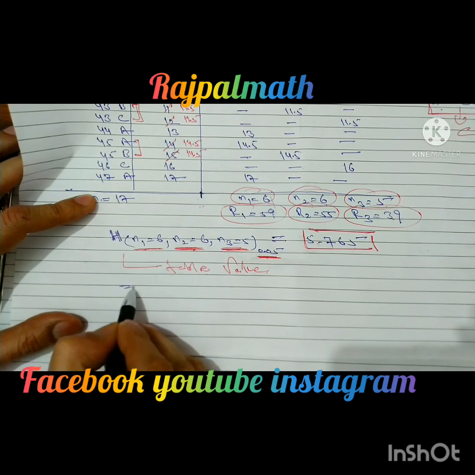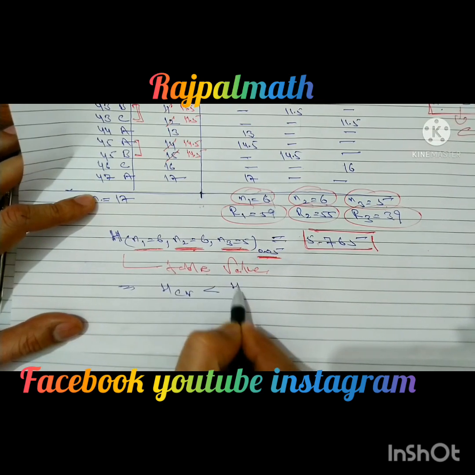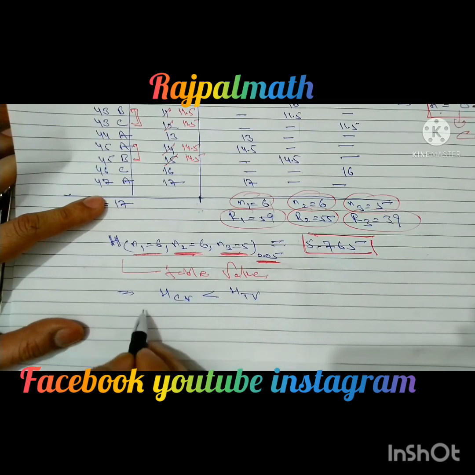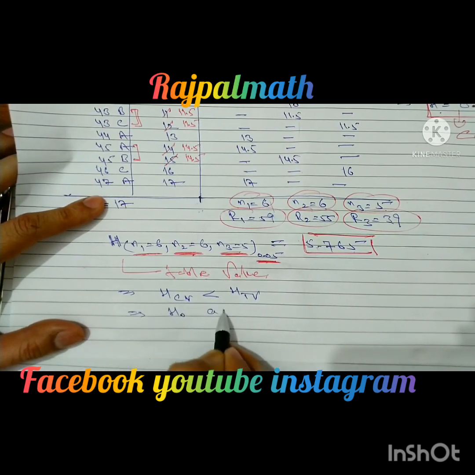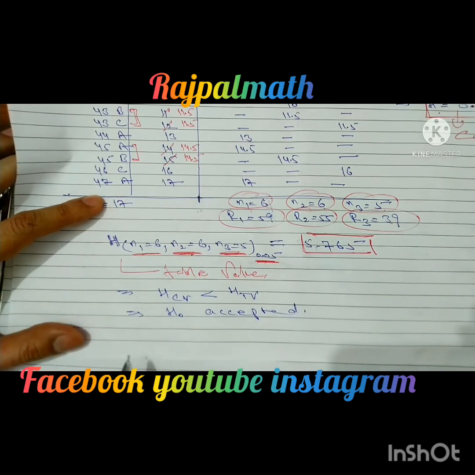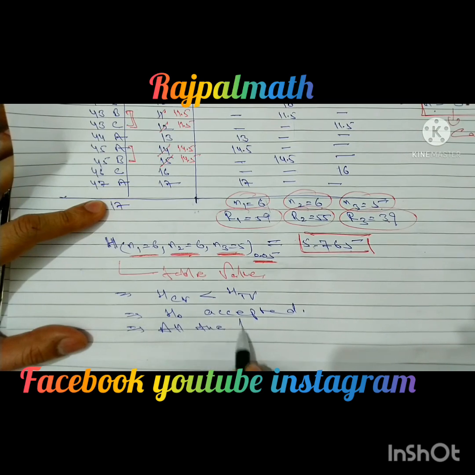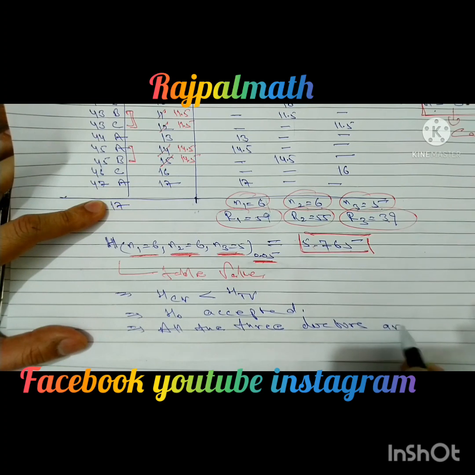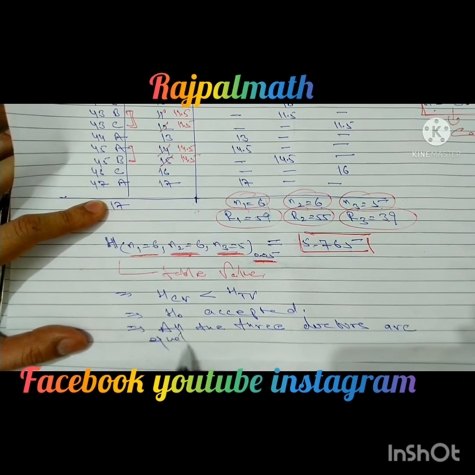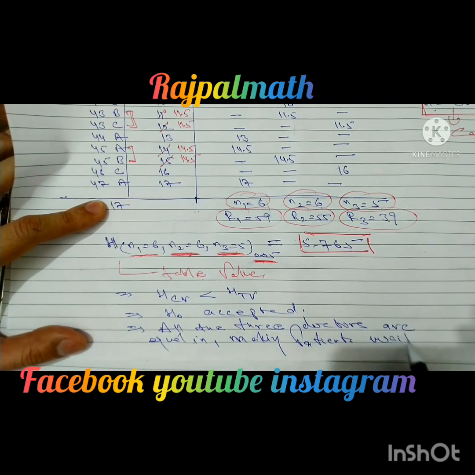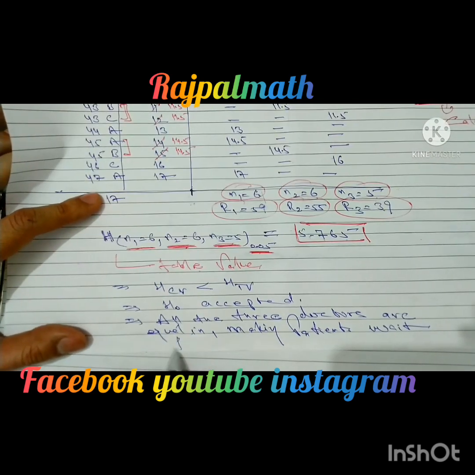From the two values we see that the calculated value of H is less than the table value of H, which implies H naught is accepted, same as in the ANOVA table. This implies all the 3 doctors are equal in making patients wait for the average time.